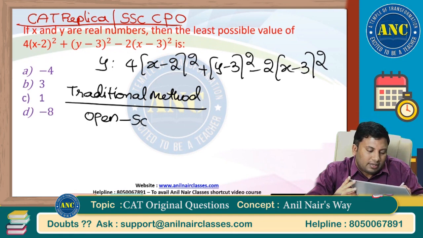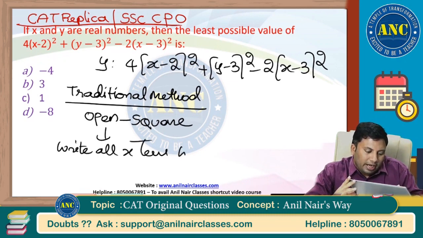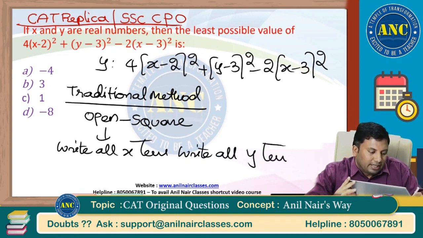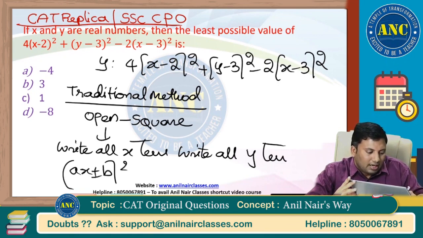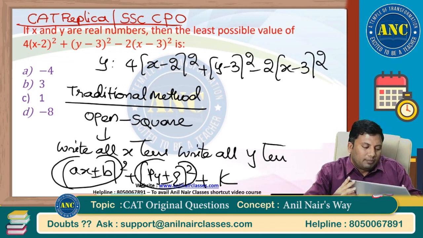Open the square. Write all x terms on one side, all y terms on one side. Try to write it as (ax plus or minus b) whole square, (py plus or minus q) whole square plus q. This is the square term, this is the square term, so that will be greater than or equal to 0.